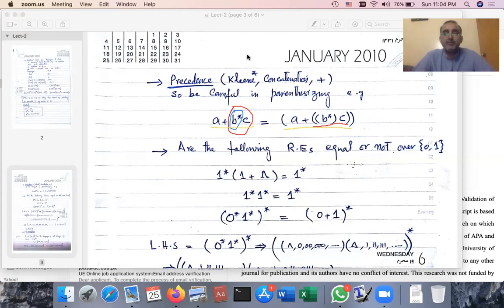Now, there are some regular expressions here, and we have to determine whether the left hand side is equal to the right hand side or not.